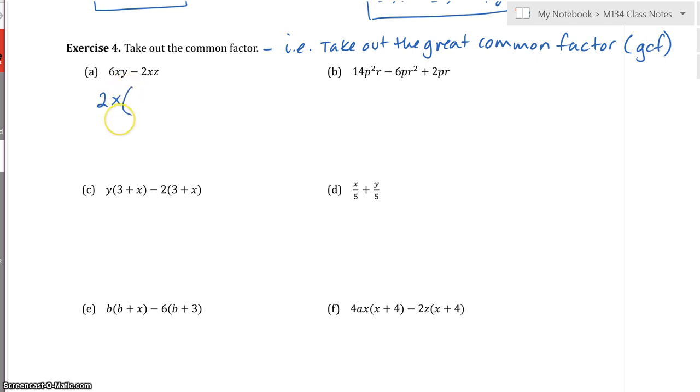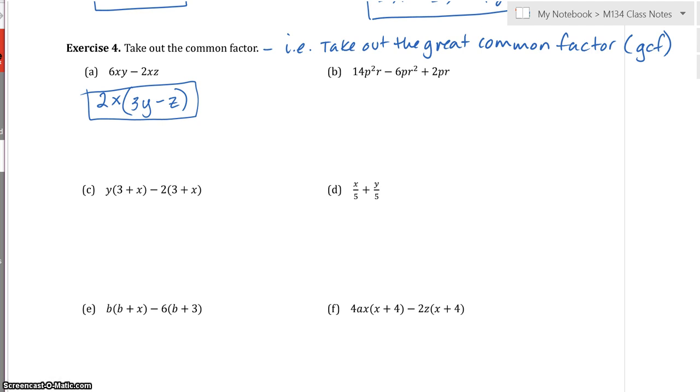I'm going to put a parenthesis now because I want to go backwards with my distributive law, and then I'm going to divide each of those instead of multiply. So 2 goes into 6 3 times, the x's just cancel and you have a y left over. And again, if everything cancels, then you have a 1. Here the 2 cancels, the x cancels, and you just have a z. And then you can do a quick mental check, because if you go forwards, it should always work, because we're going backwards here.